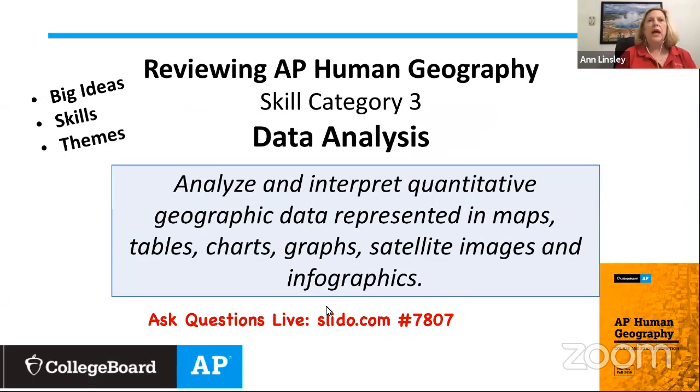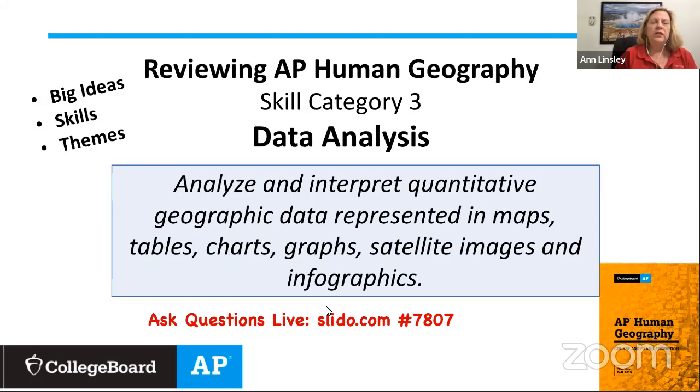Today's topic is looking at the skill of data analysis. Just like yesterday, when I took you through the different spatial relationship topics within the course, today I want to take you specifically through some of these topics in terms of data analysis. What are we doing with the data?